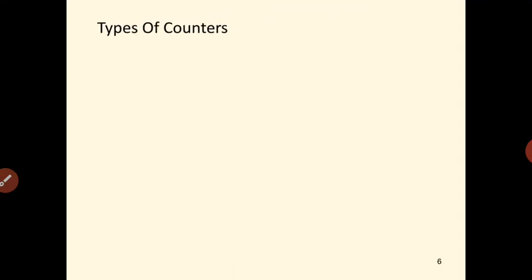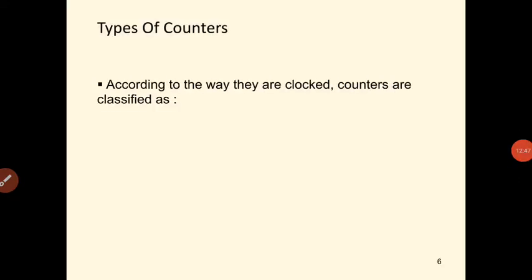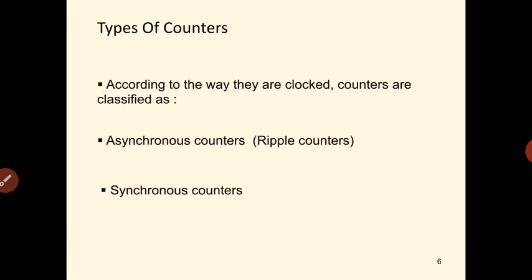Next we will see the different types of counters. According to the way they are clocked, counters are classified as asynchronous counters and synchronous counters. According to the way you are applying the clock to the counter circuit, the counters are classified into 2 categories.